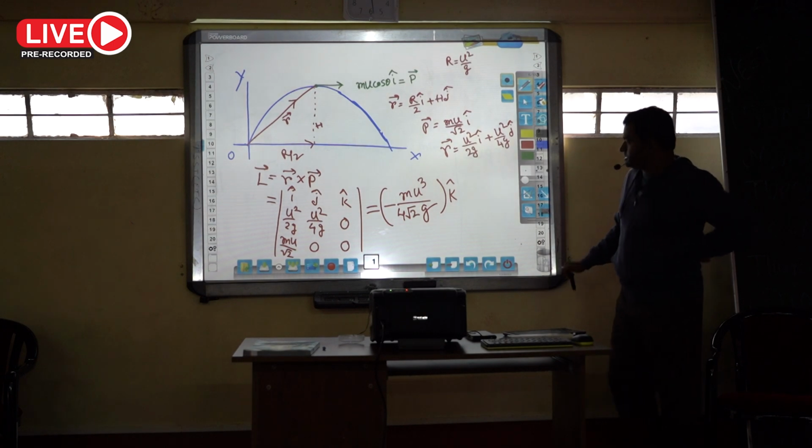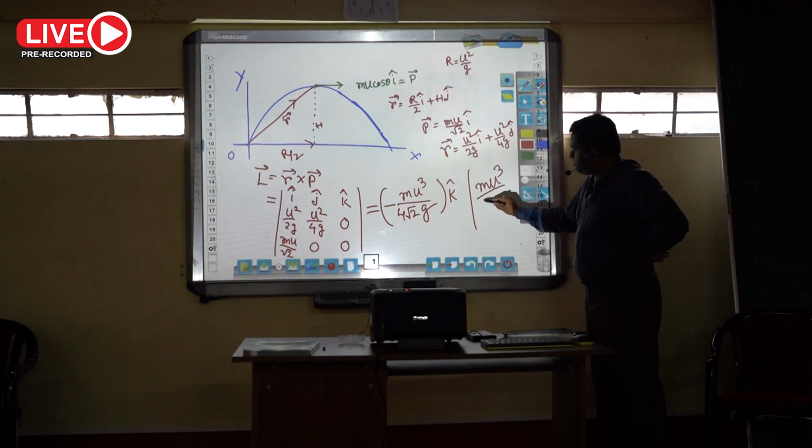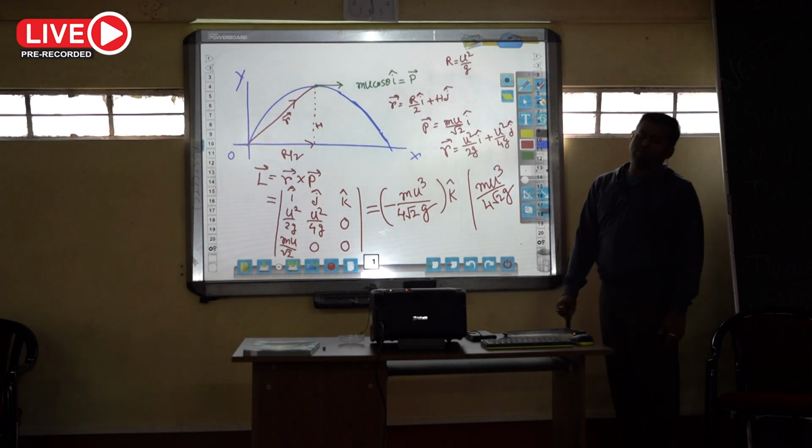So this is the answer, m u to the power 3 by 4 root 2 g. This is the magnitude of angular momentum.